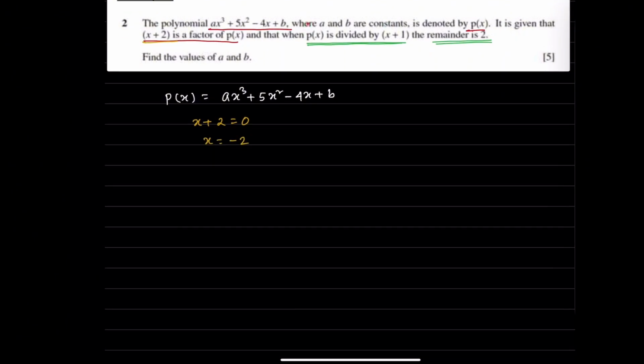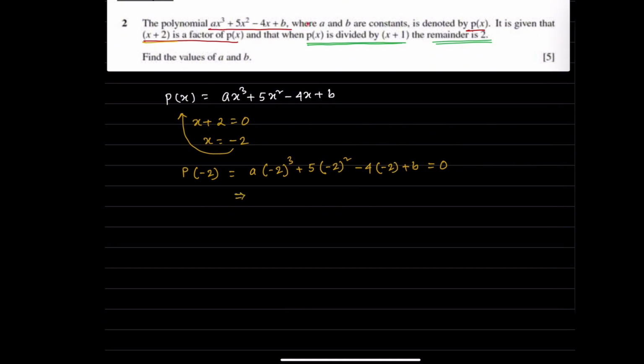Now we can put this x equals minus 2 in this polynomial, or we can write p(-2) equals a(-2) cubed plus 5(-2) squared minus 4(-2) plus b, and as x plus 2 is a factor, that equals 0.